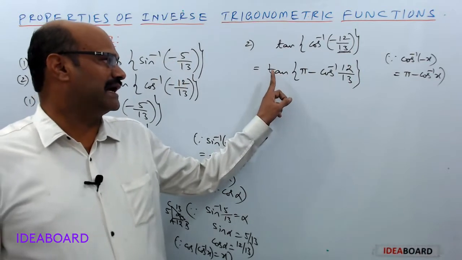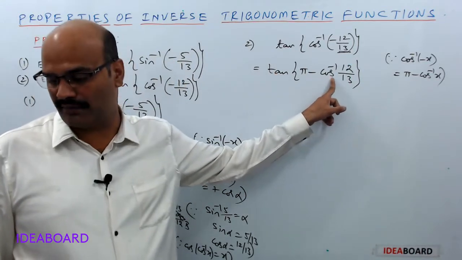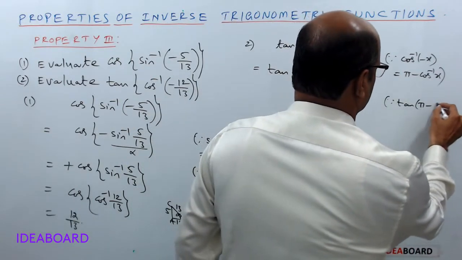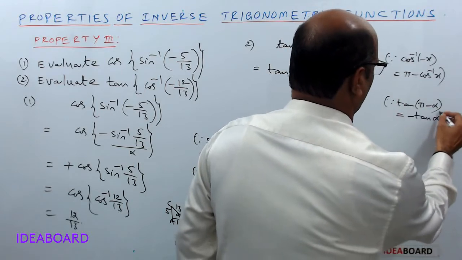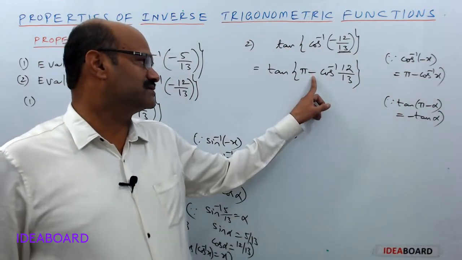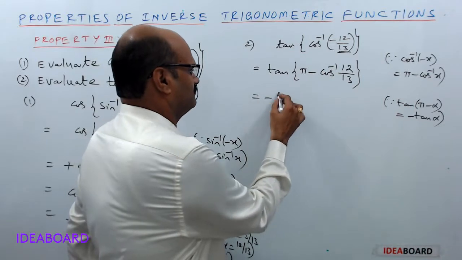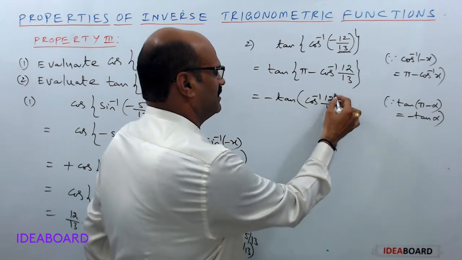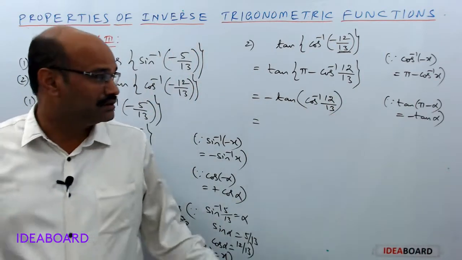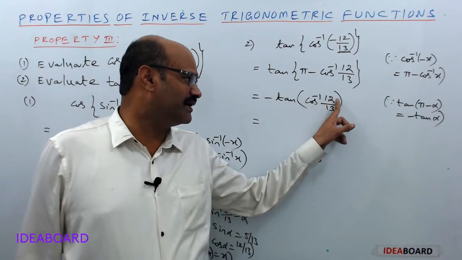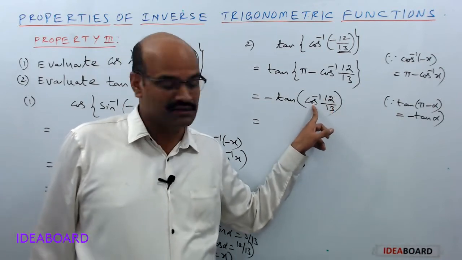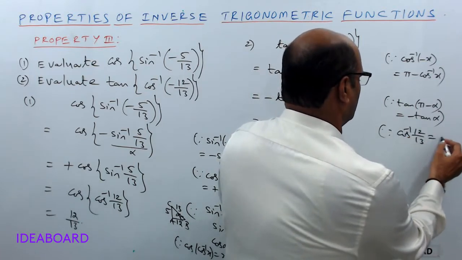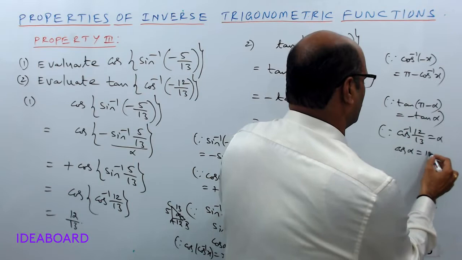Now we have tan of 180 minus alpha equal to minus tan alpha. So it becomes minus tan of alpha, where alpha equal to cos inverse of 12 by 13. Now we have to write cos inverse of 12 by 13 in terms of tan inverse. Take cos inverse of 12 by 13 equal to alpha. It implies cos alpha equal to 12 by 13.